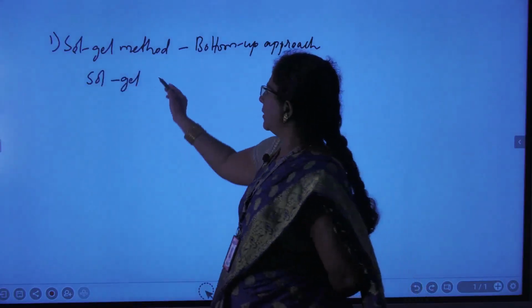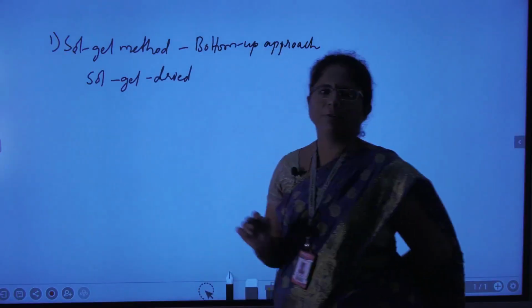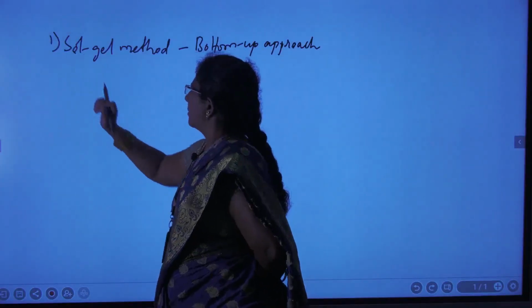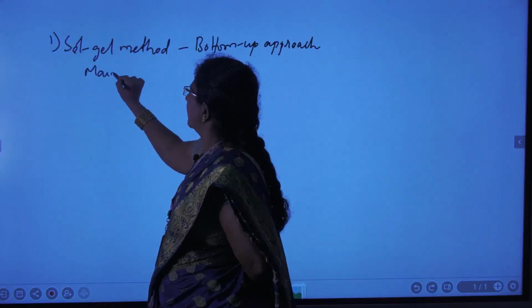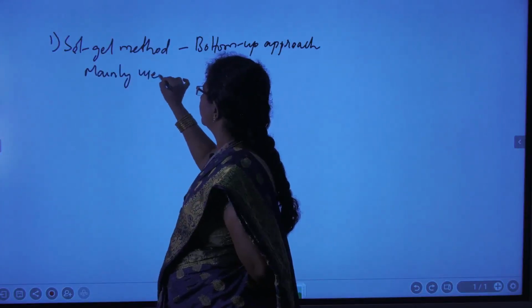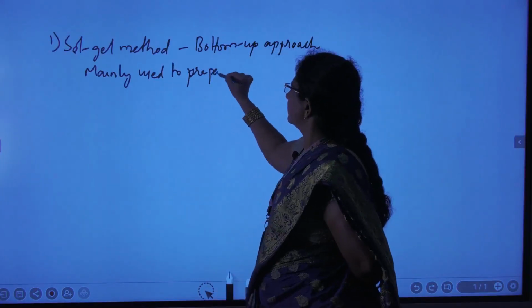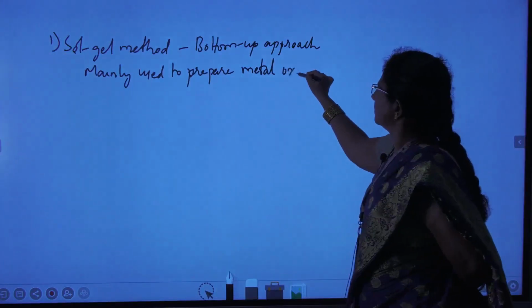After that it will be dried, and after that we transform it into nanomaterial. This method is mainly used to prepare metal oxide nanoparticles.